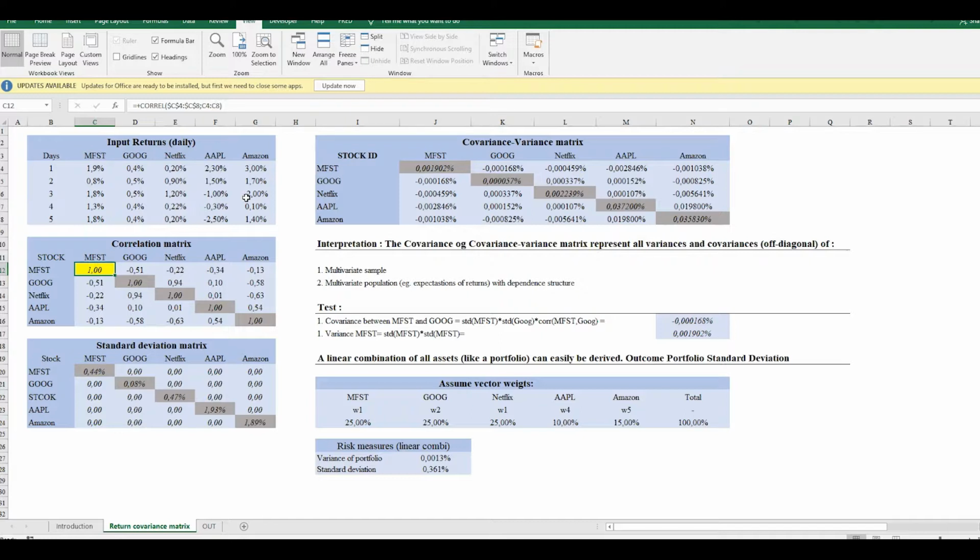Another key feature is that the numbers on both sides, if you look at it from a symmetrical point of view, they are identical. So this value here, for instance, let's call it in cell number 1, 2, is the same as here in number 2, 1. So there's symmetry.